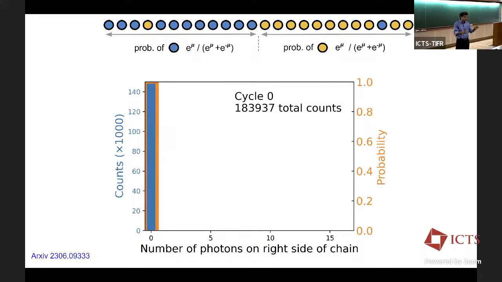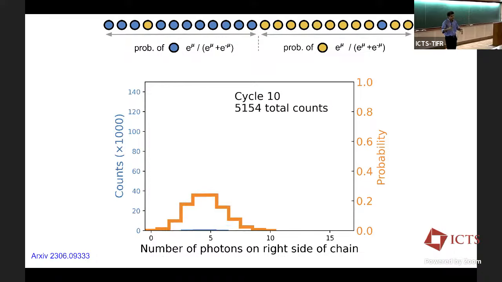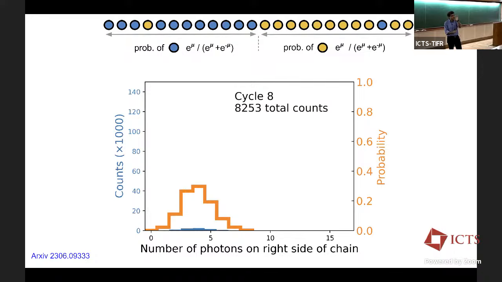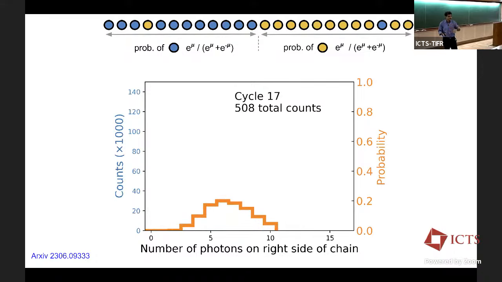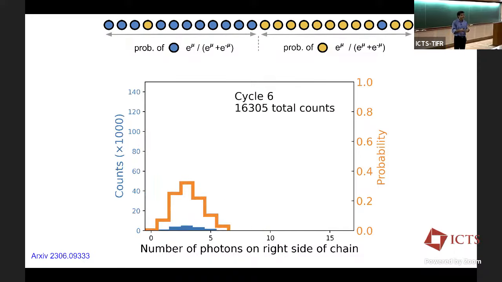That's the probability of having blue on one side and yellow on the other. Then you count how many excitations have crossed the middle line, at qubit 23, how many blue crossed the boundary. You measure it as a function of time over and over again, and you form a histogram.